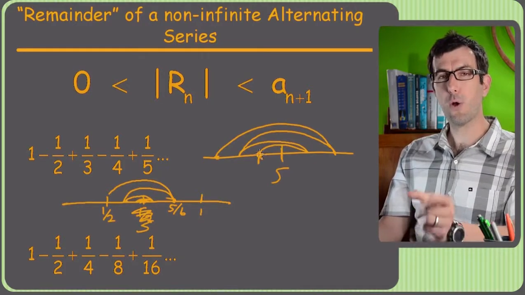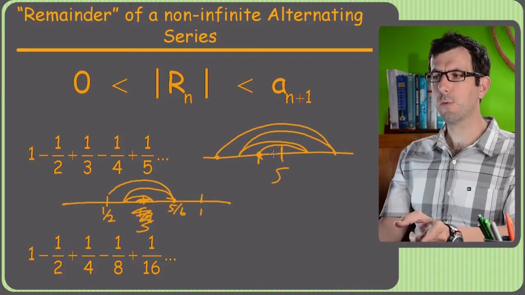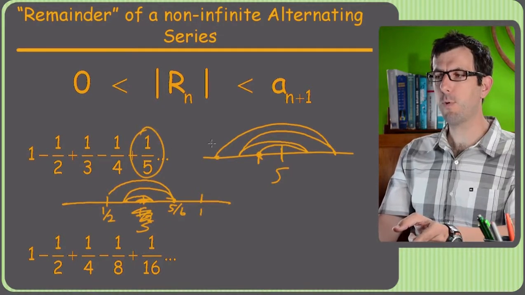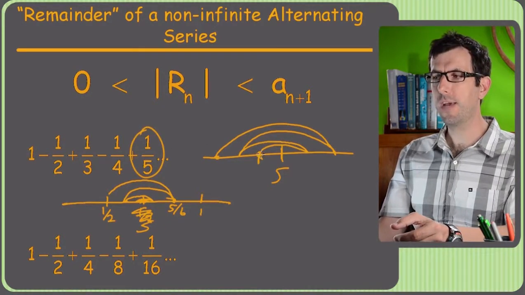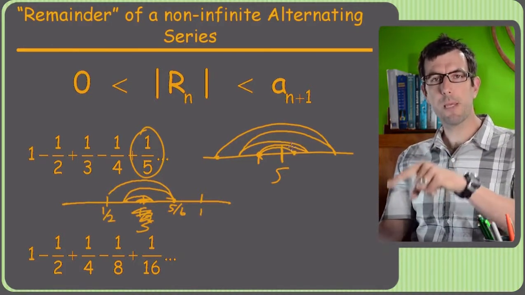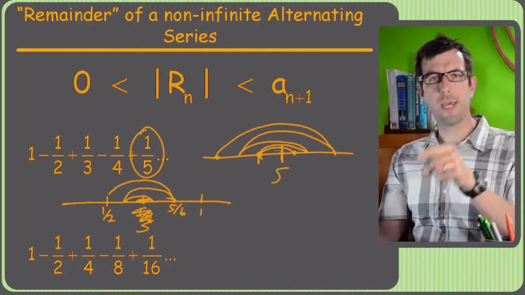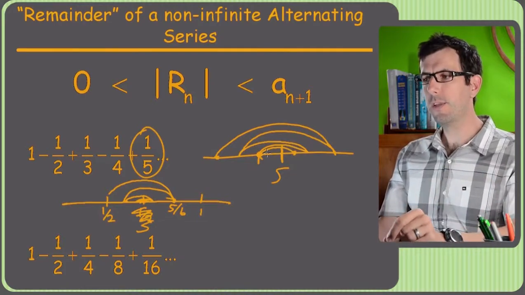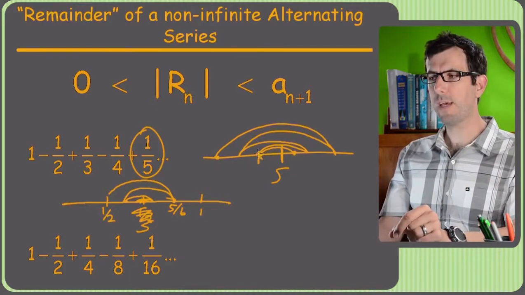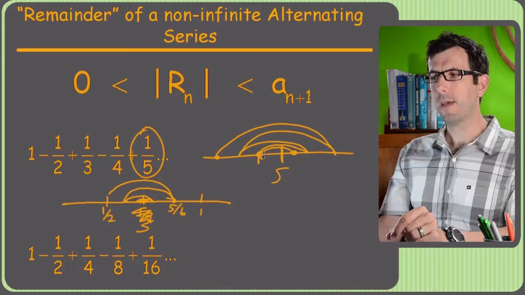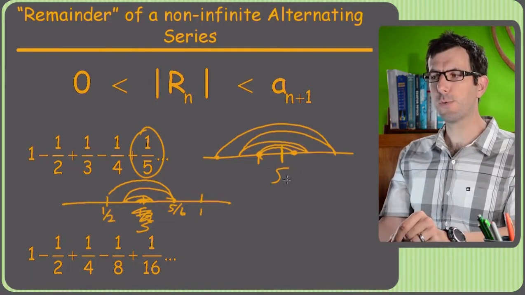But I do know how close I am to the infinite series, because when I add the next term, this plus 1/5, I know that's going to take me to the opposite side of the true sum. Because I'm hopscotching back and forth and leapfrogging over that center value, I know that when I jump from this value to this value, I must have crossed the actual true sum.